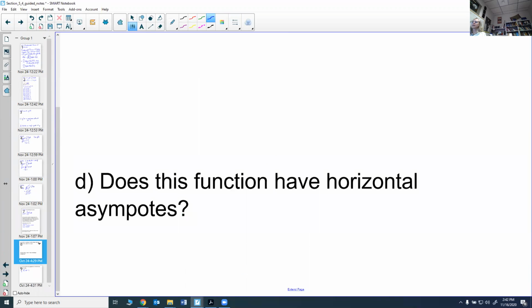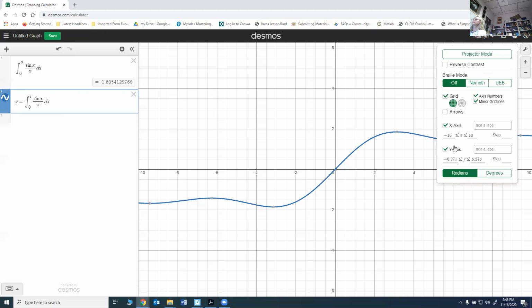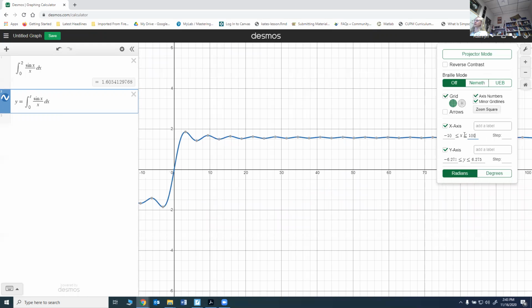We can say if this function has any horizontal asymptotes. So again, going back to Desmos, it looks like we may have one at about 1 point something. If I were to make this window a little bit bigger, so let's go to 100, then you can really see what's going on.